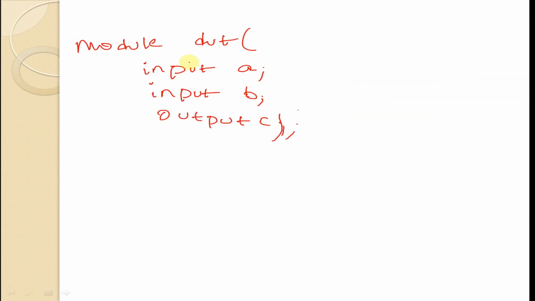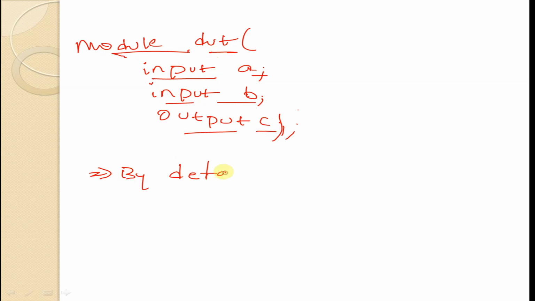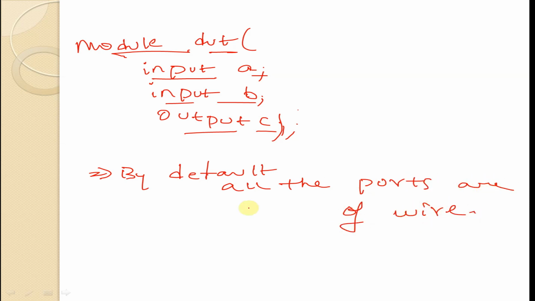So let us consider a DUT module where we have input A, input B and output C. Here we are not declaring any reg or wire. So by default, all the ports will be of type wire. This is a very important point to be remembered.